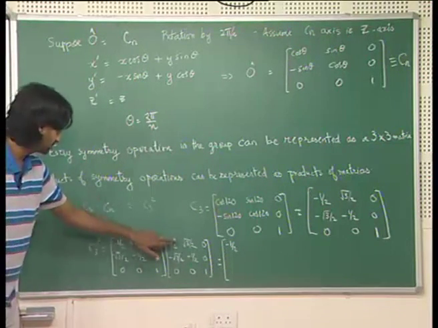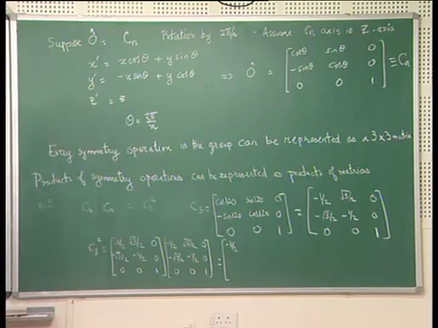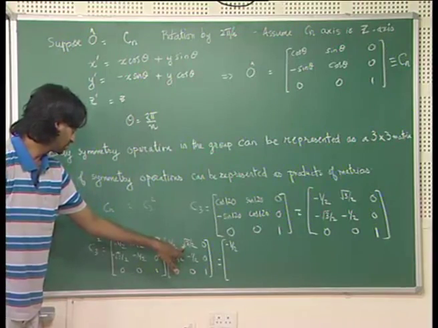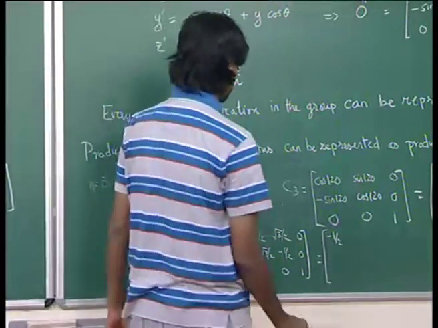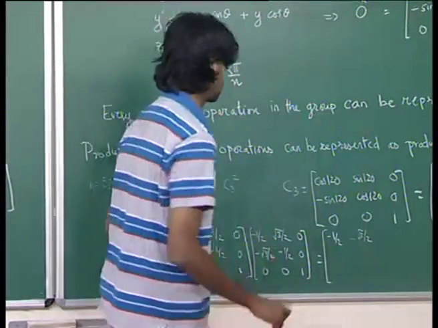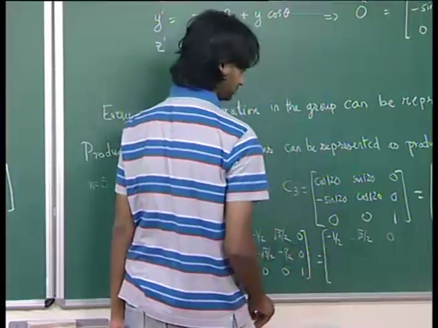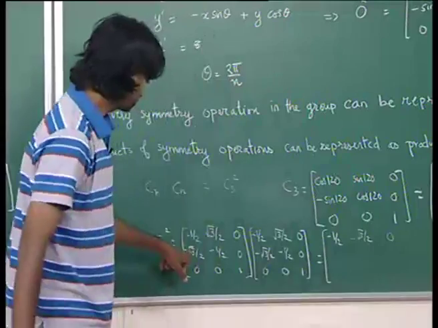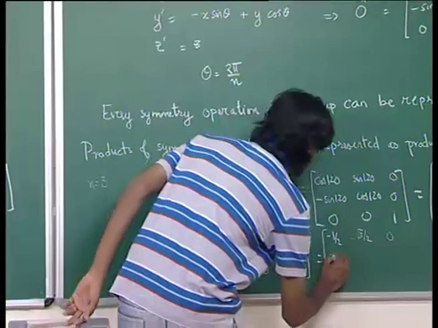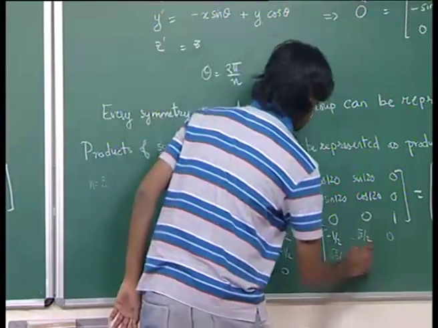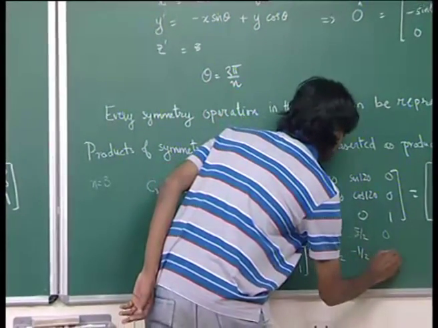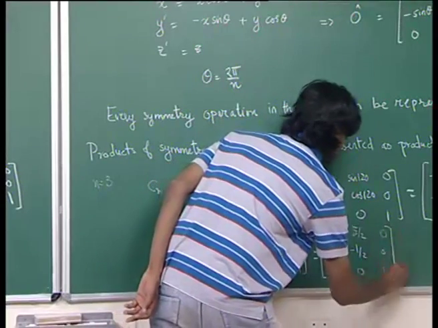The second term will be minus root 3 by 4 minus root 3 by 4, so that is minus root 3 by 2, and the third term is just 0. Similarly, what you can show is that this term is plus root 3 by 4 plus root 3 by 4, that is root 3 by 2. This is again minus half, 0, 0, 0, 1.